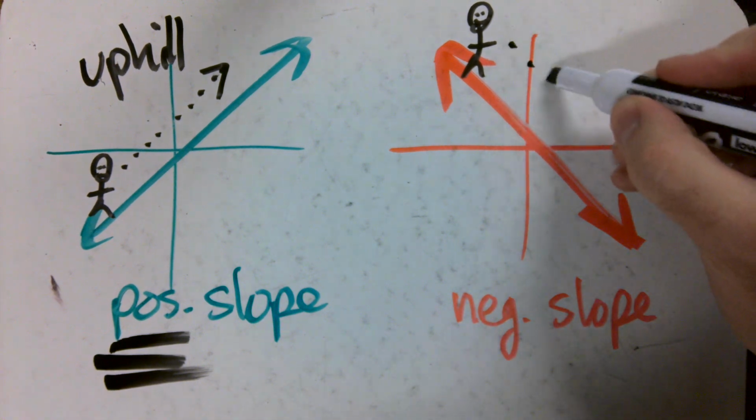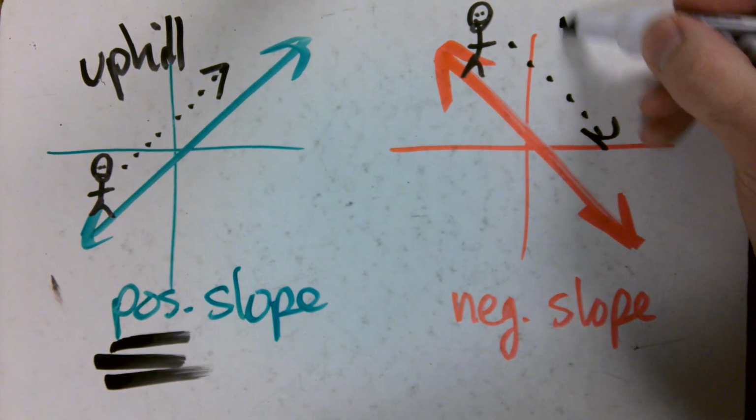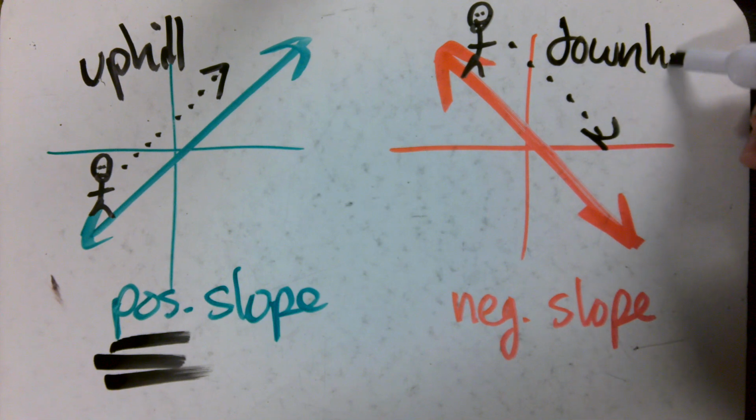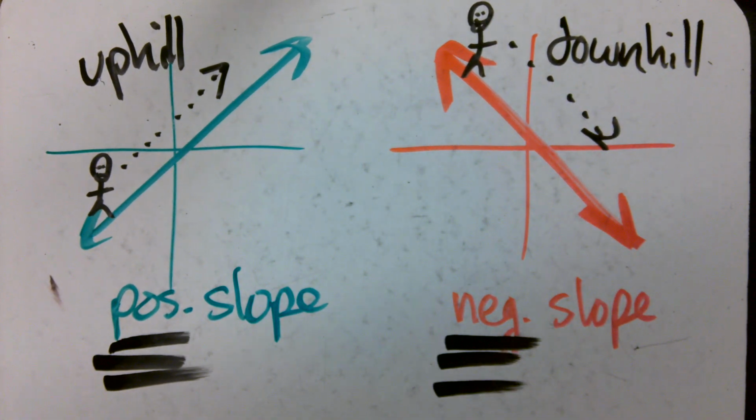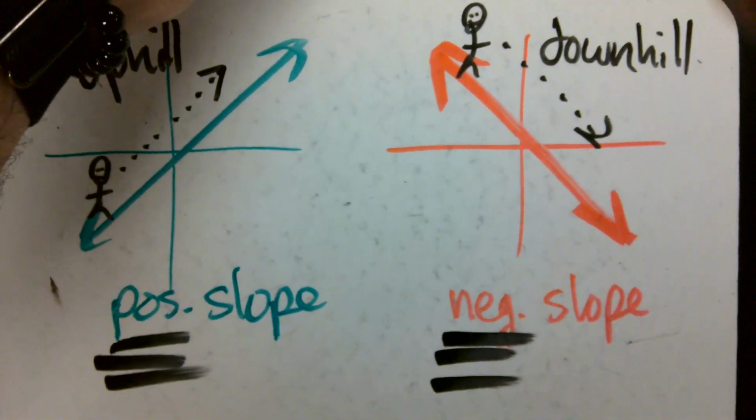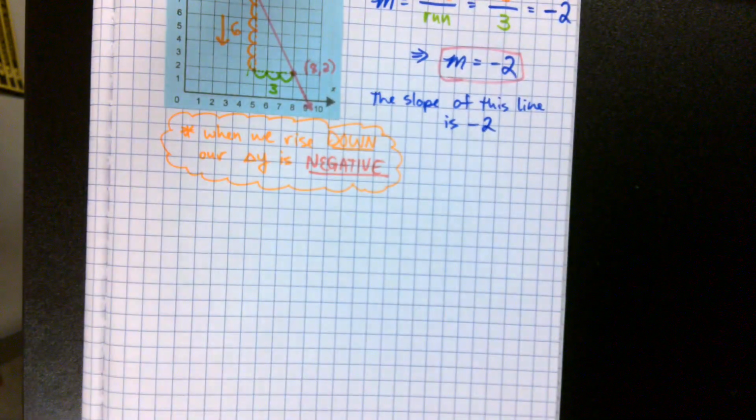Would they walk uphill or downhill? Downhill. So when you're walking downhill, that is a negative slope. Give me a thumbs up if you visually see what I'm talking about. Beautiful. And for the 8, 9, 10 of you that don't have your thumb up, I hope you eventually do understand. We'll get to it more tomorrow.